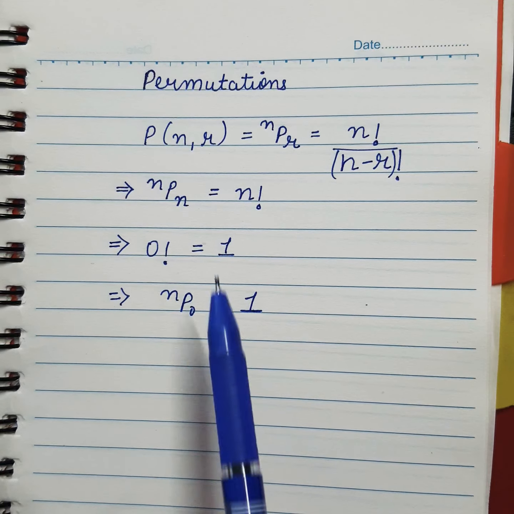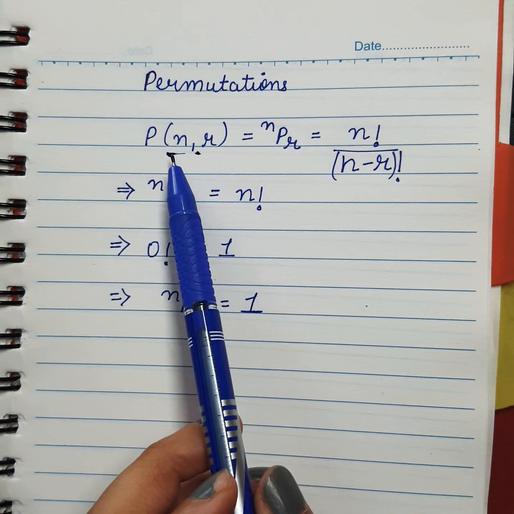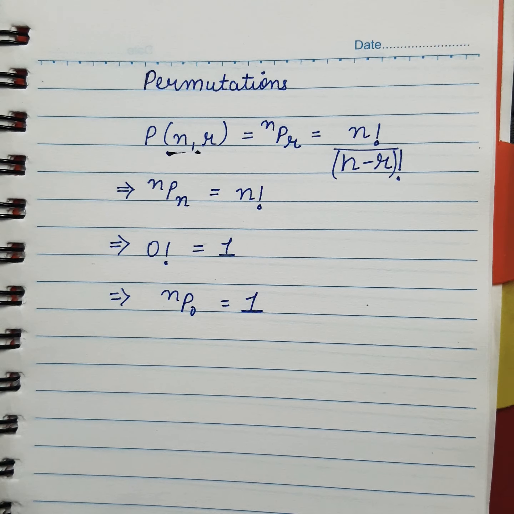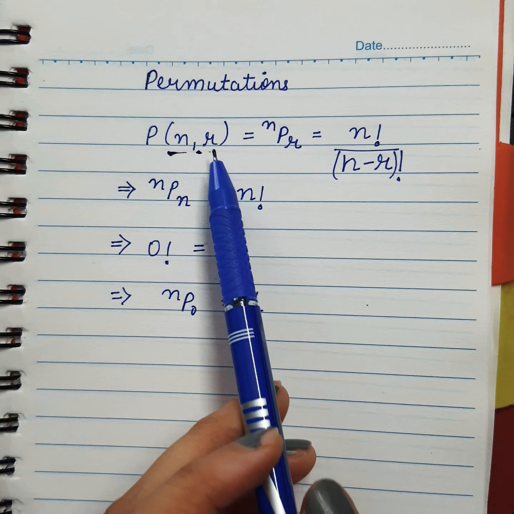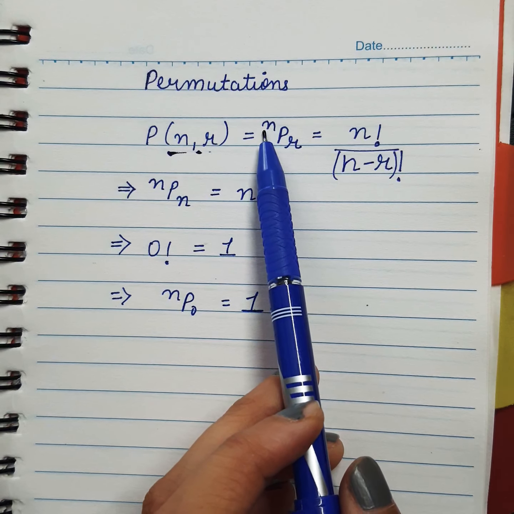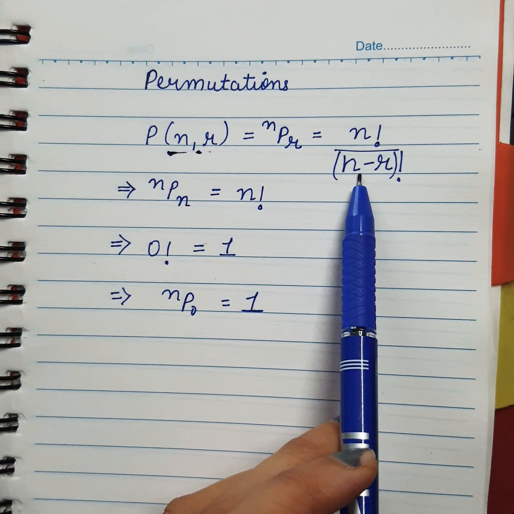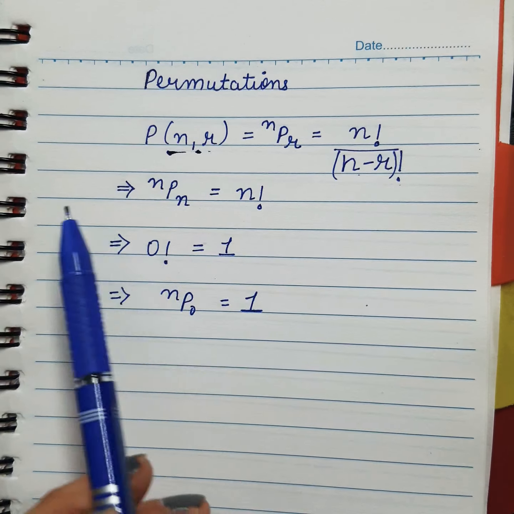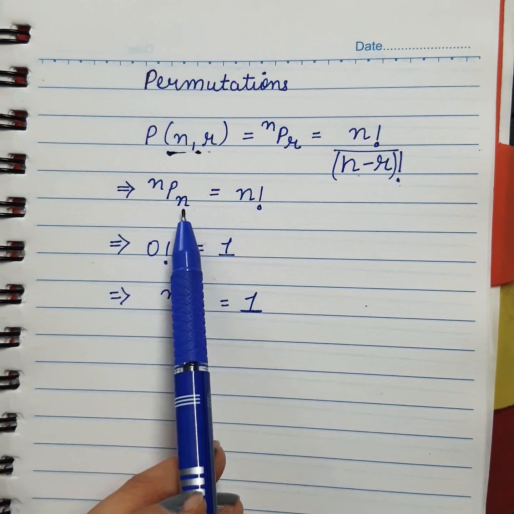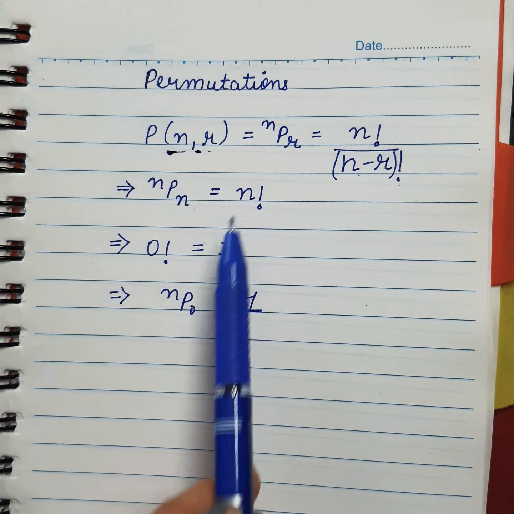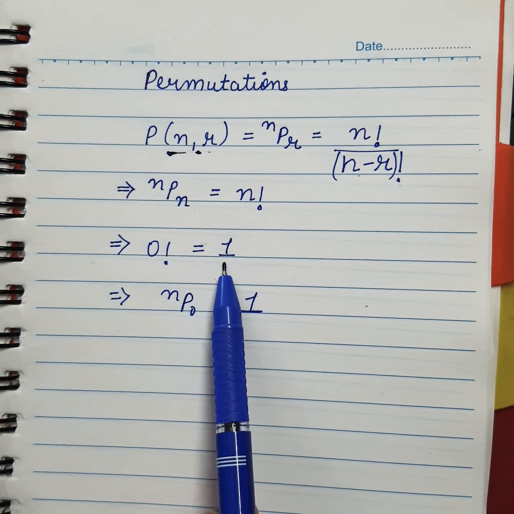In permutations we did the formula nPr, out of n things taken r at a time, denoted also by nPr. So n factorial divided by n minus r factorial. Now nPn will be n factorial, where 0 factorial is always 1.